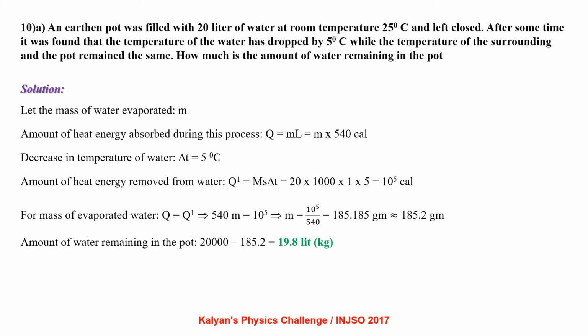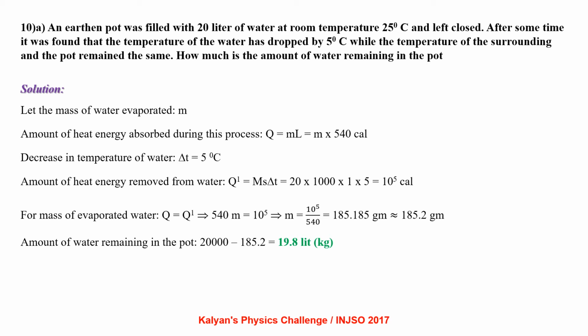Let the mass of water evaporated be m. Amount of heat energy absorbed during the process, Q equal to mL, that is 540 m calorie. Decrease in temperature of water is given to be 5 degrees centigrade. Amount of heat energy removed from water, Q dash equal to m s delta T, that is 20 into 1000 into 1 into 5, which is 10 power 5 calorie.